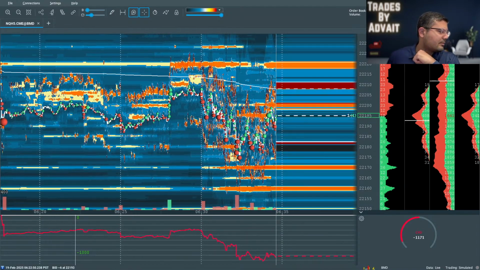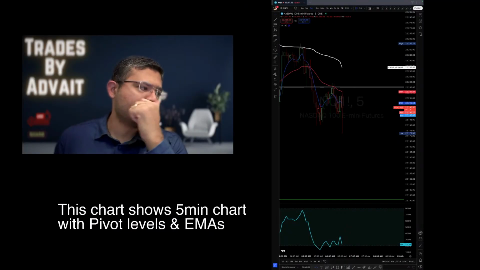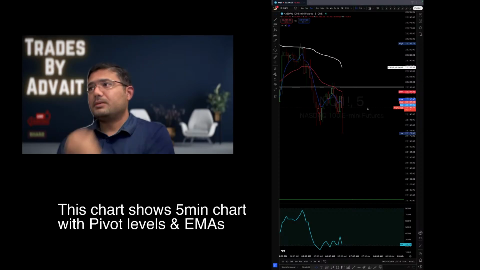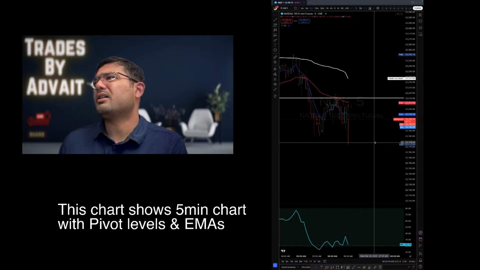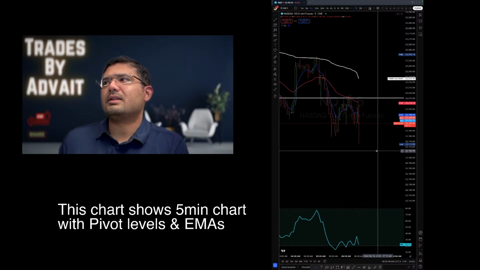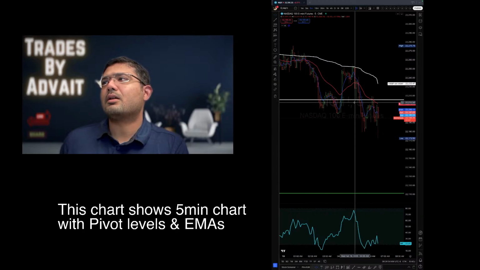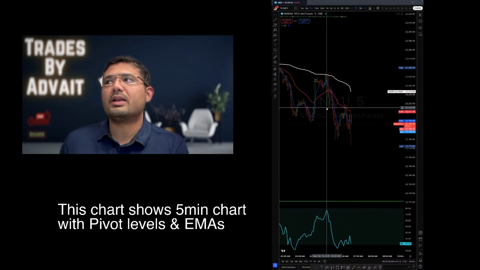Now let me transition to the 5-minute chart. In the 5-minute chart, we are creating a huge hammer. It doesn't signify anything, but just to give you a perspective, we are below the P0 pivot level.